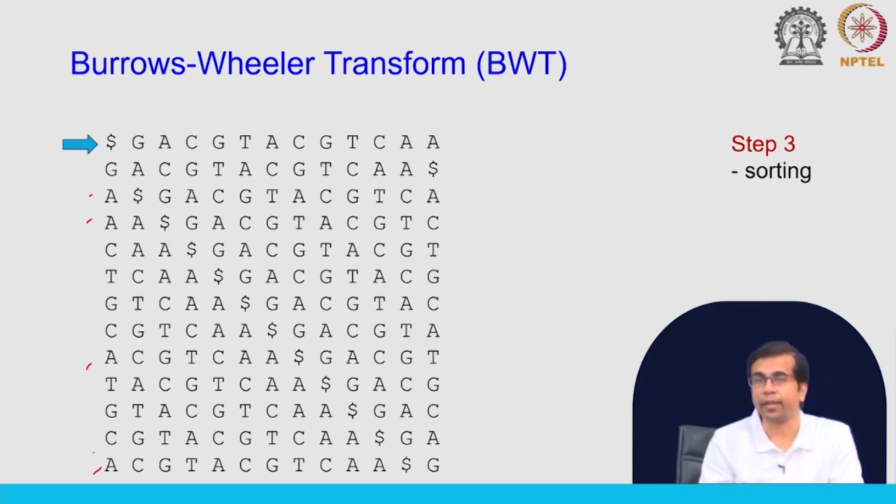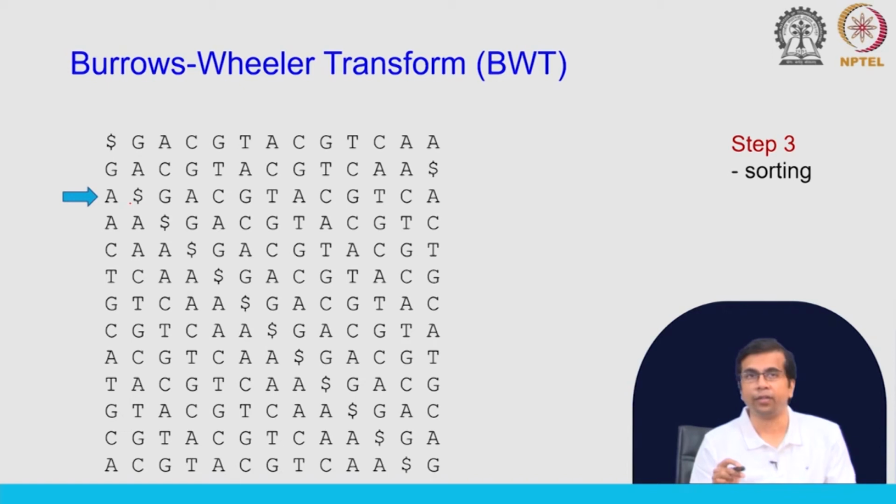If the first letter is same, we look at the second letter. And if we look at the second letter, we see this one has dollar. Again remember dollar is smaller than all the letters. So, this one should come now.